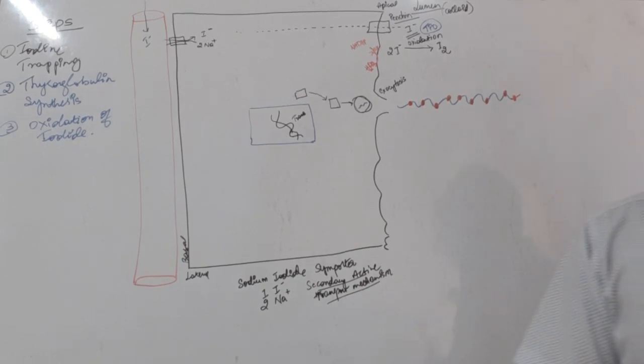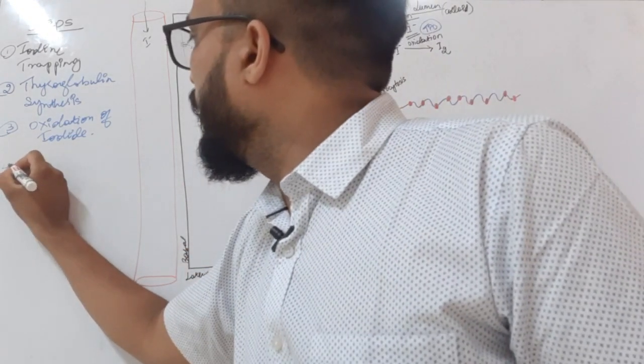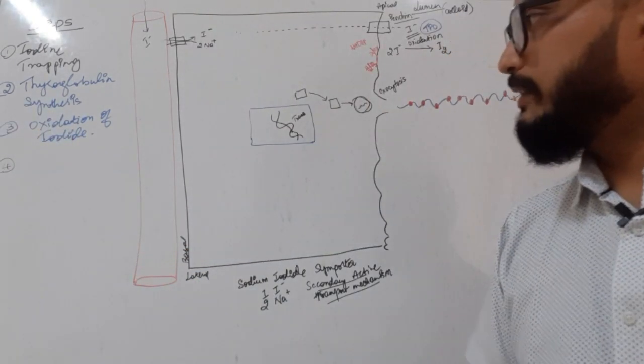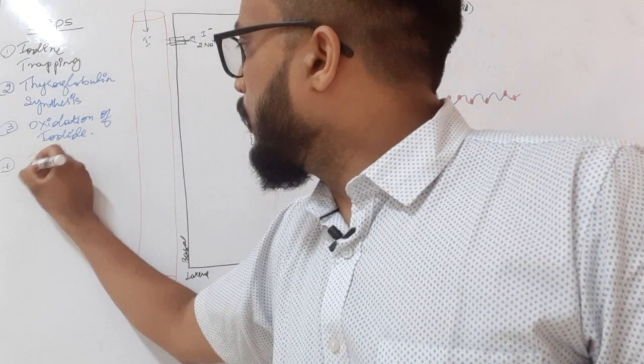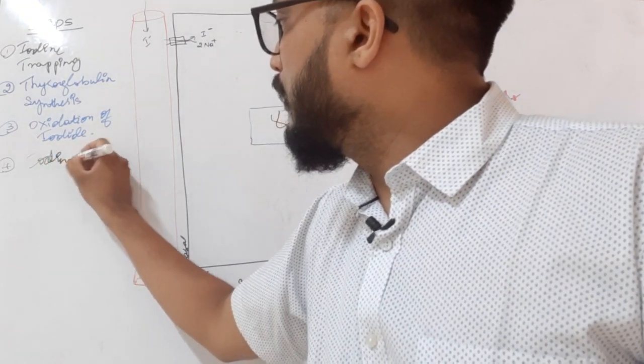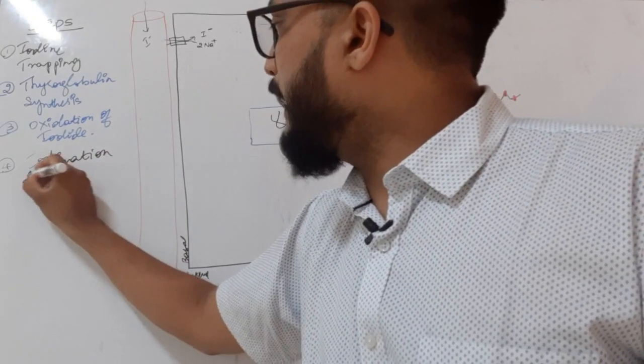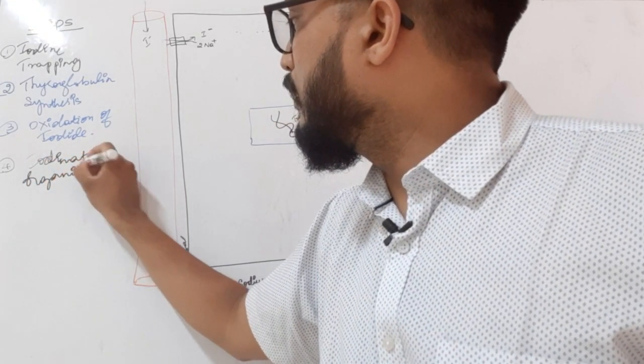Now the fourth step involved in thyroid hormone synthesis is iodination, or organification.